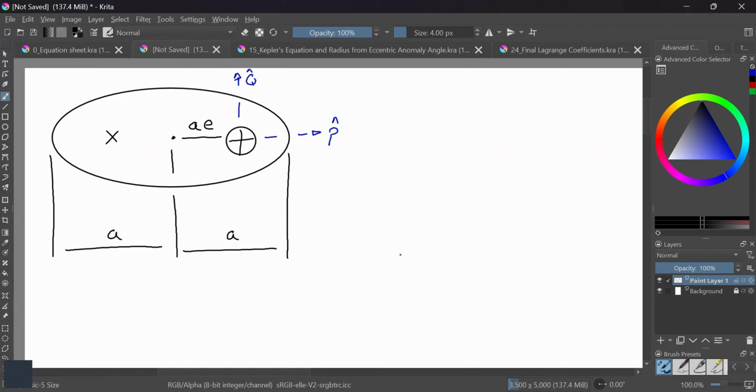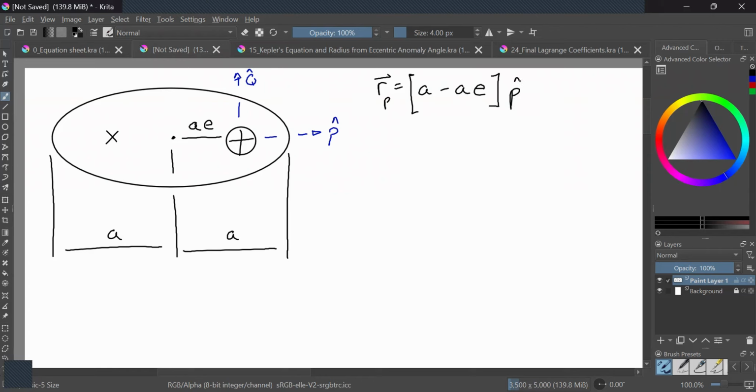So we have, for our radius in the p direction, I'm only going to put the p direction with this, the periapsis, it's going to be pointing towards the positive p direction. So we have a minus a e and all of that.